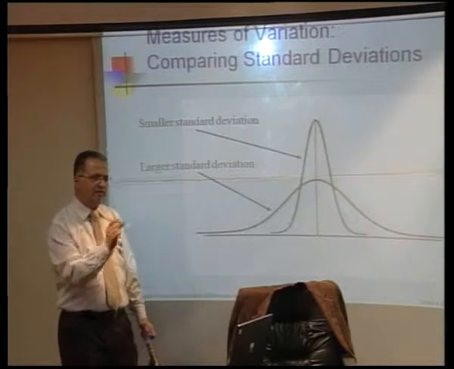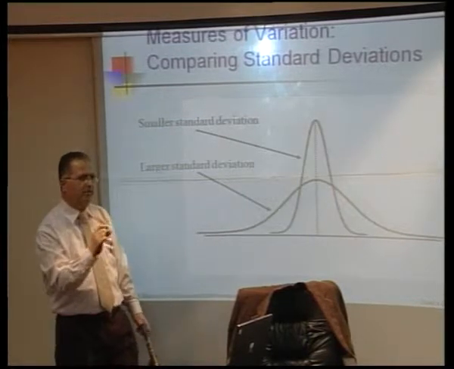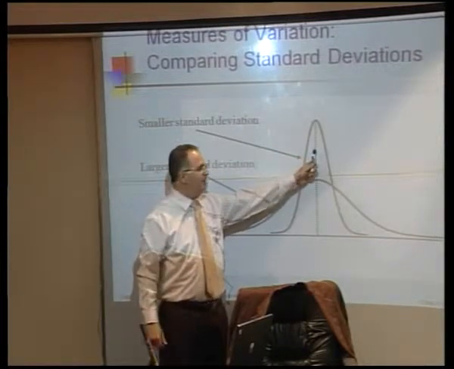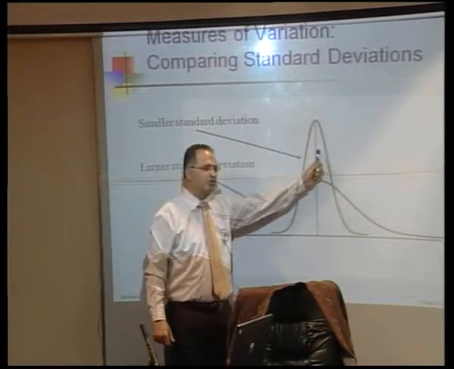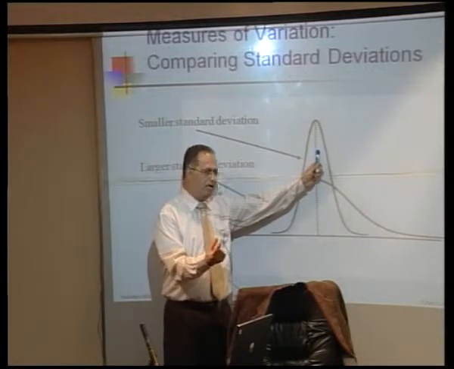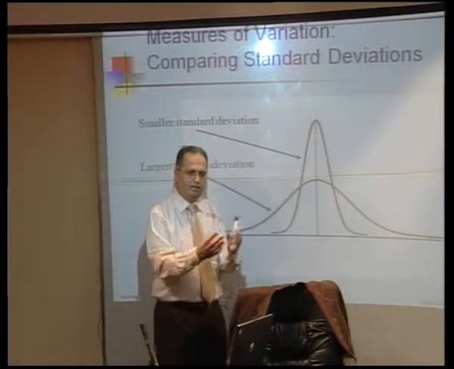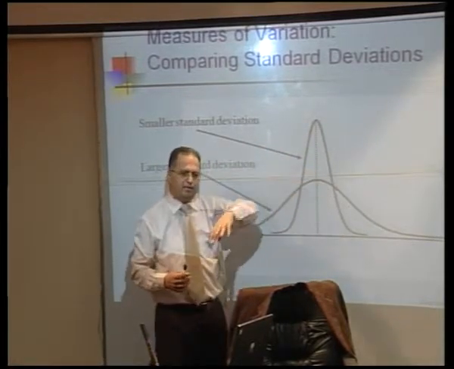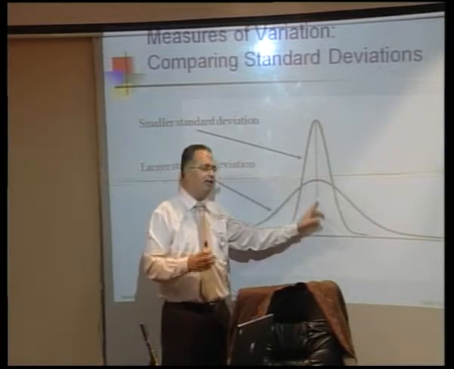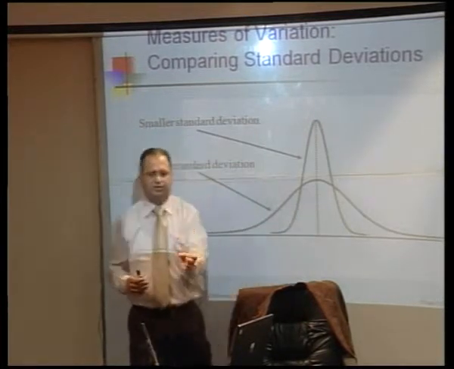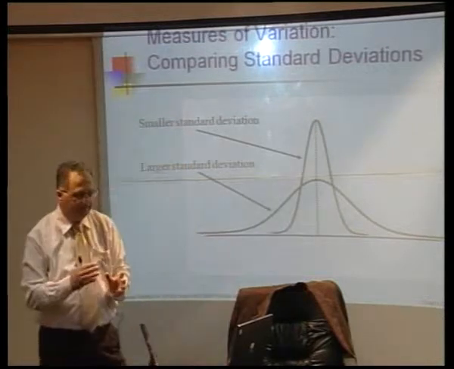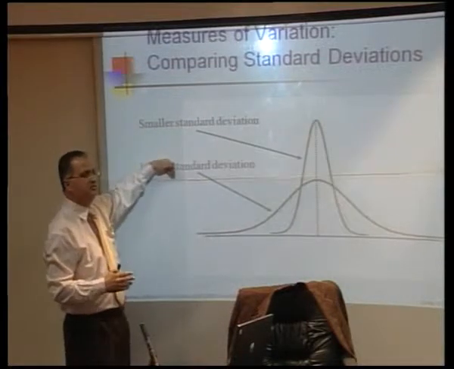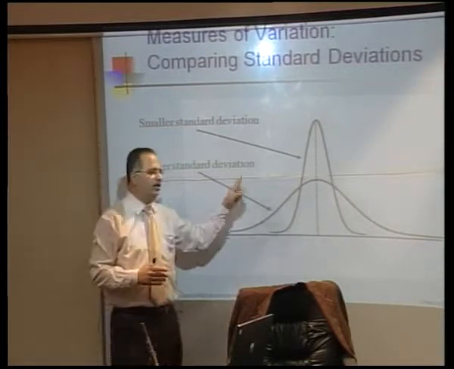But if you look carefully at the spread or the variability for figure number 1, the spread here seems to be narrower than the other one. The other one is wider. So data A is less spread than data B, even though they have the same center or the same mean. So you can tell if the data has smaller or larger standard deviation just based on the curve you have.